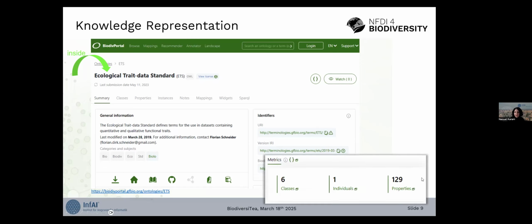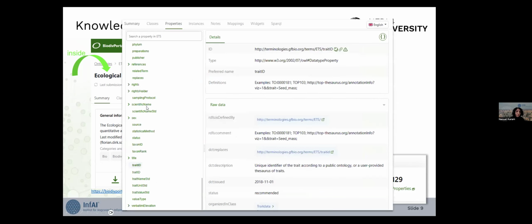This ontology is basically a kind of schema, so it has more properties than classes. It has 129 properties, and if you go to the properties tab, here you can see them. For instance, here I show the trait ID property, which has a description that it should be a unique identifier for a trait.